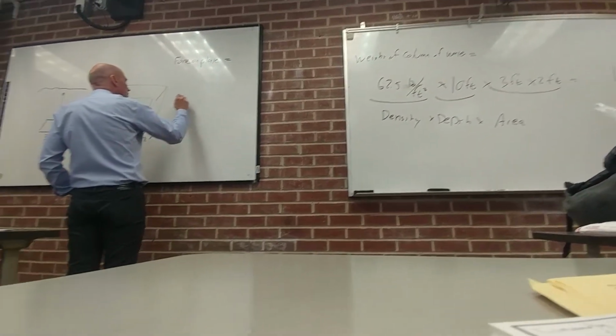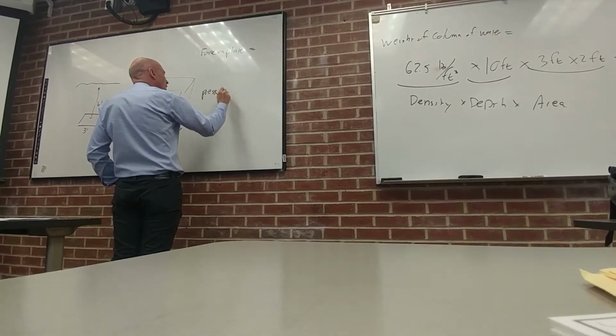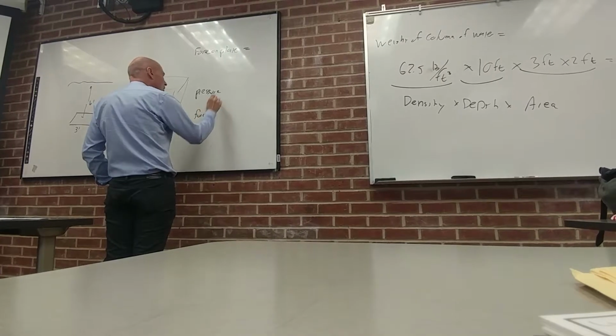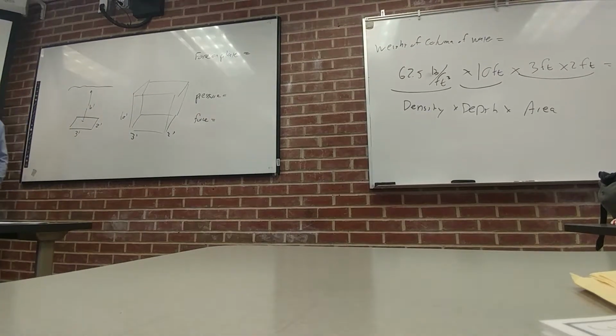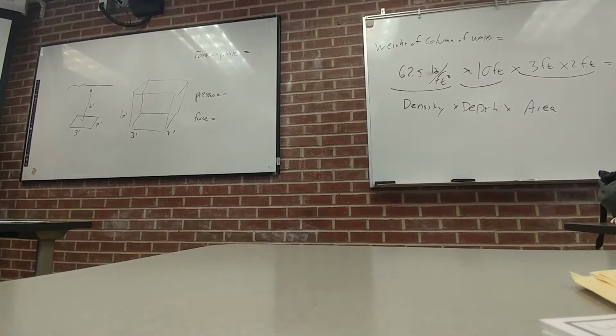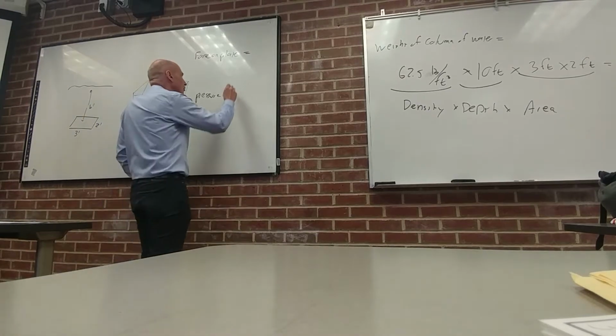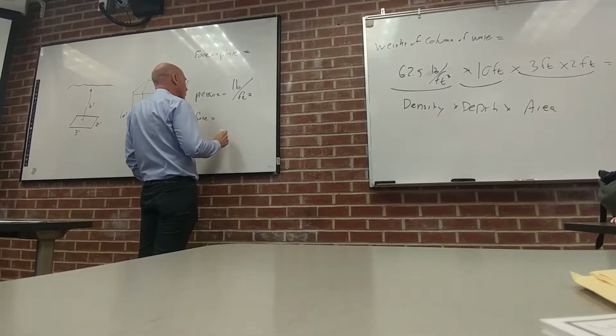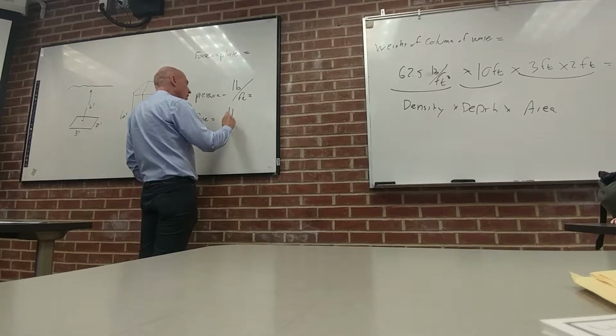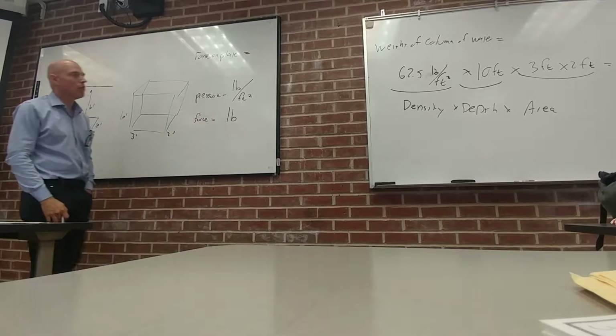Let's talk about this. There are two words that should bring up a similar idea when you talk about this. Mathematically, they're slightly different. Pressure is pounds per square foot, and force is measured in pounds.